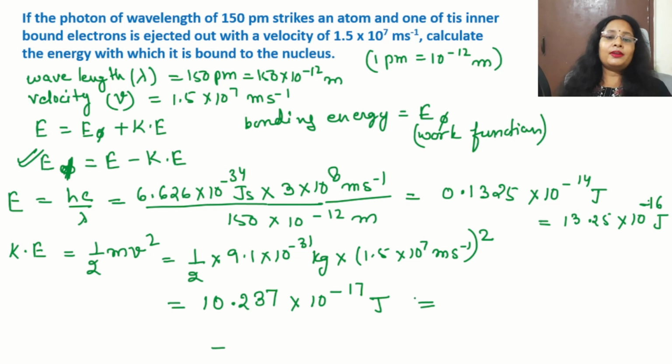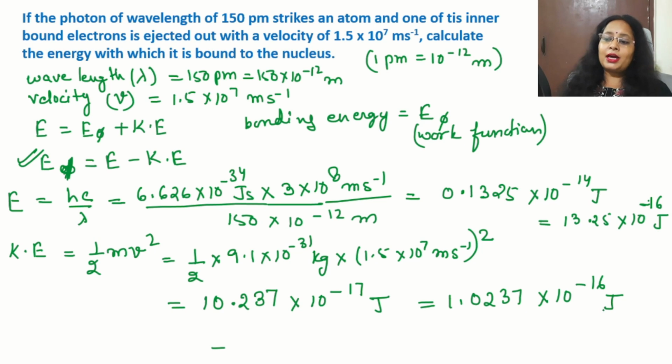It is minus 17, so plus 1 should be added by shifting the decimal 1 step to the left. So it is 1.0237 into 10 to the power minus 17 plus 1, which is minus 16 joules.